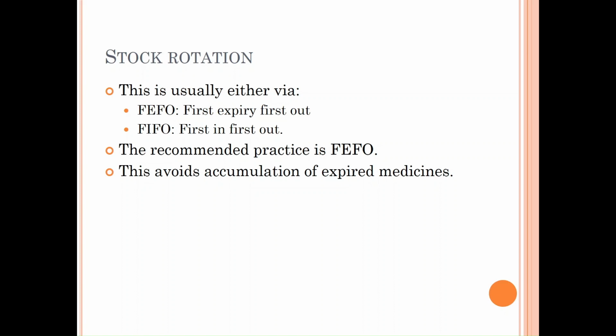So we shall make sure that we first give out those with the short expiry from April, and those with long expiry can stay in the store. For FIFO, we make sure that those that came in first move out first, so those that came in March will move out before we start on those in April. That is how FEFO and FIFO work.